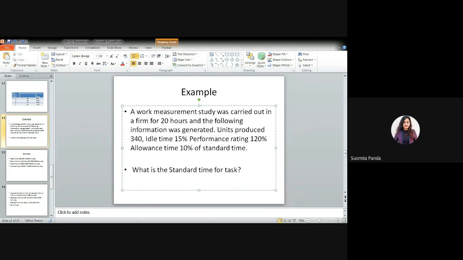Sir, we have to calculate standard time, na? Subrat Kumar Ponda, Sushil Sahu is there.